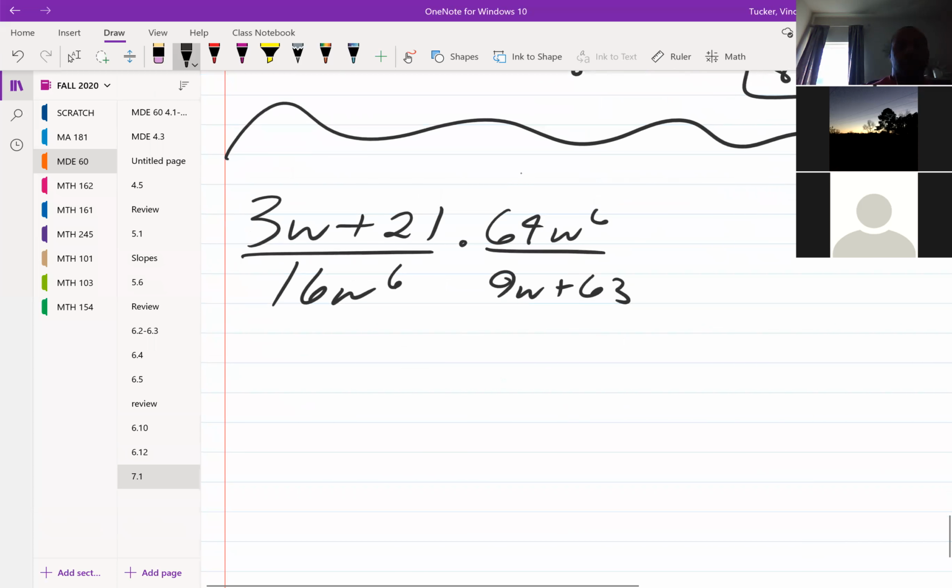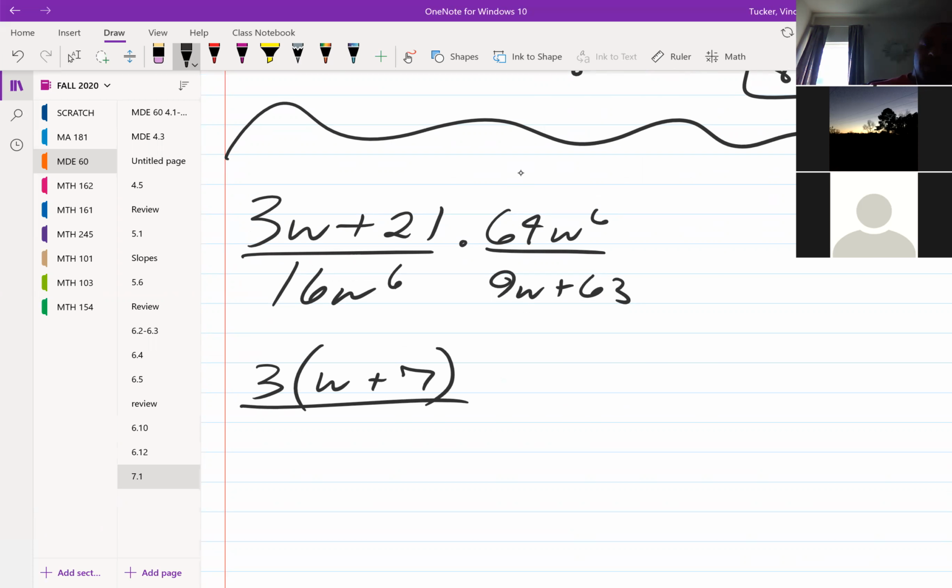So once again, it's about factoring completely. And you can factor according to what you see as well.